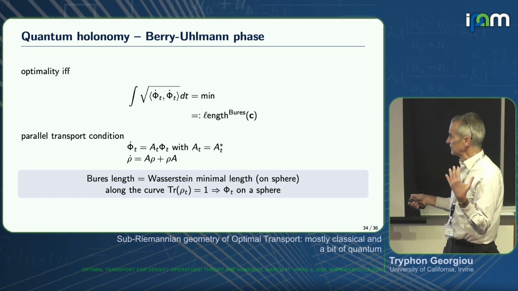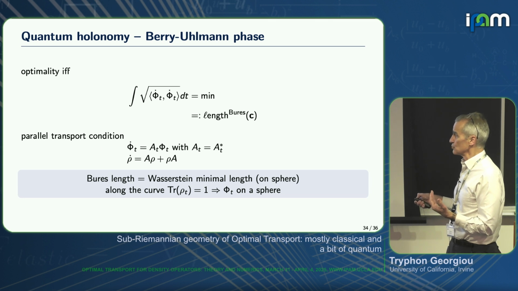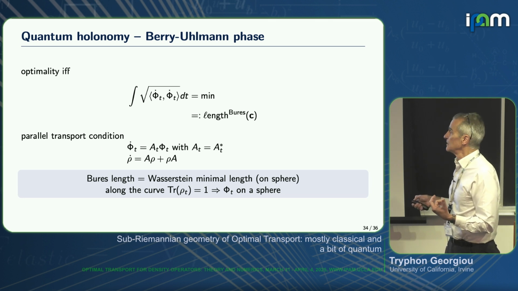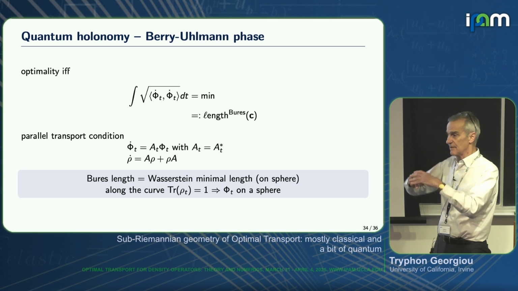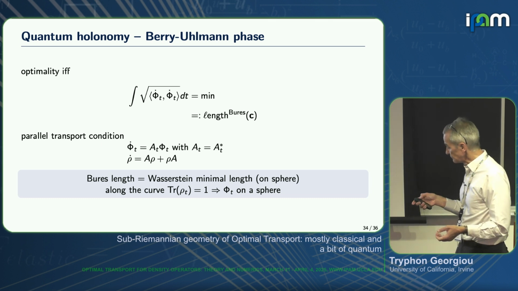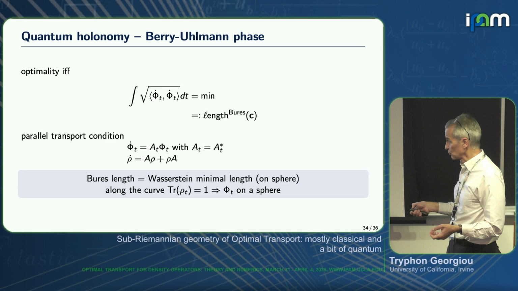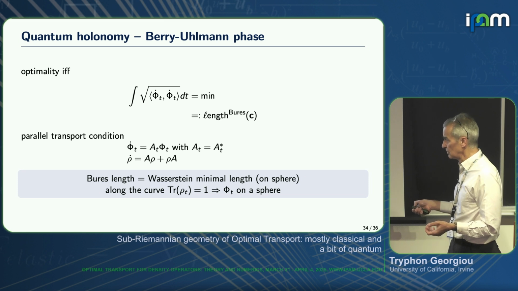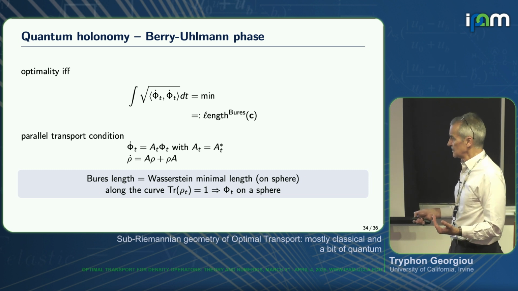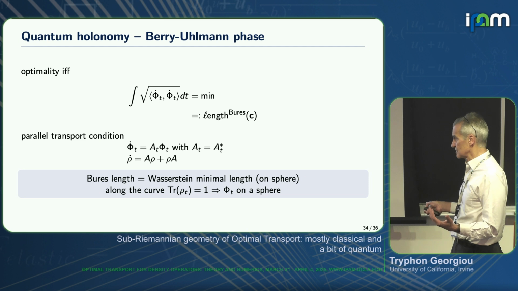So it's on a sphere, and that's known as the Bures length. So it's nothing more than the Wasserstein, but constrained on the sphere. The parallel transport condition is exactly what we had before, and this is what dictates the flow of the space of the densities. So the Bures length is the Wasserstein on the sphere, tracing along this path.